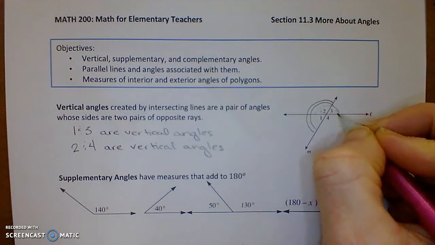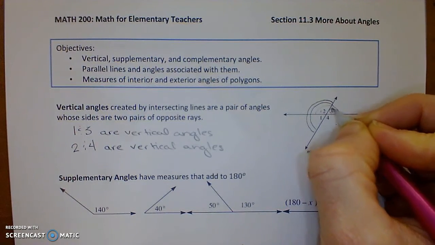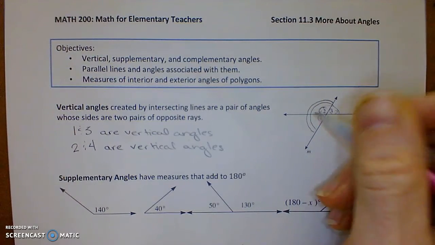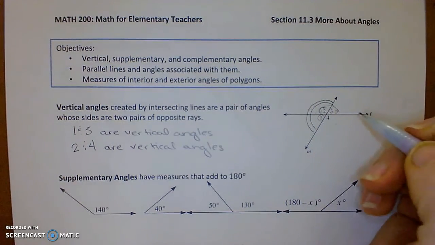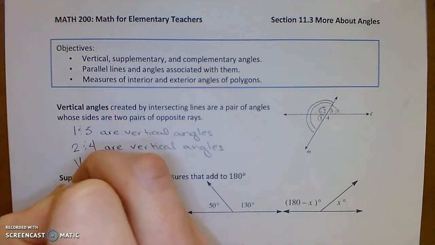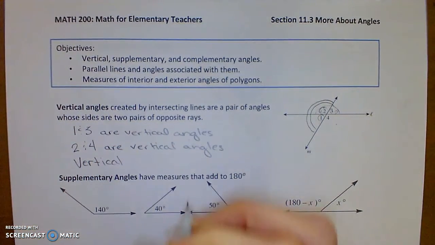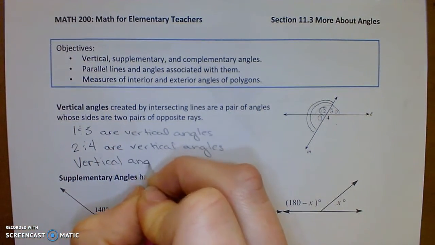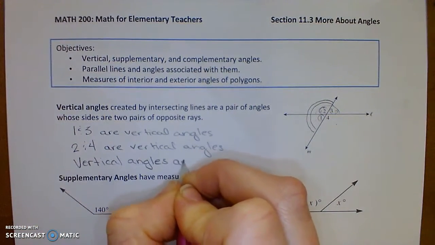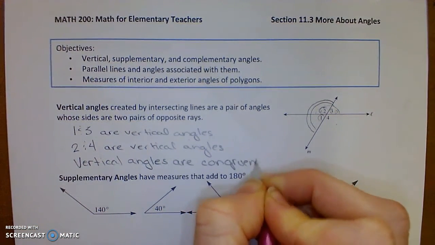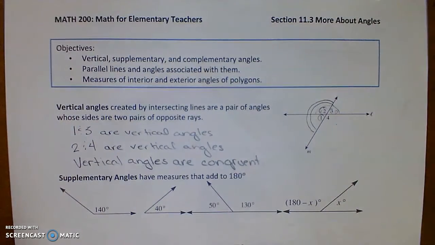So if angle 3 plus angle 2 is 180, and also angle 1 plus angle 2 is 180, then 1 and 3 have to be exactly the same. So here's our first big statement, that vertical angles are congruent, meaning they have the same measure.